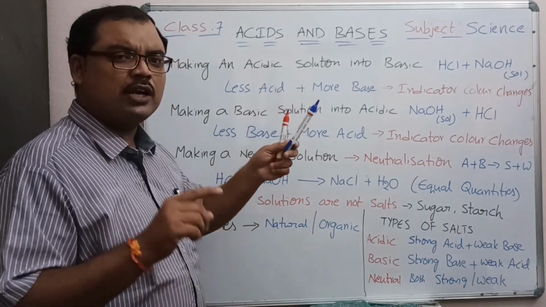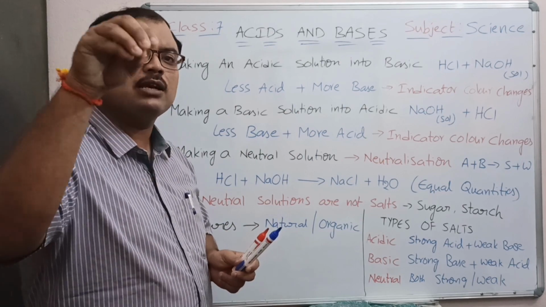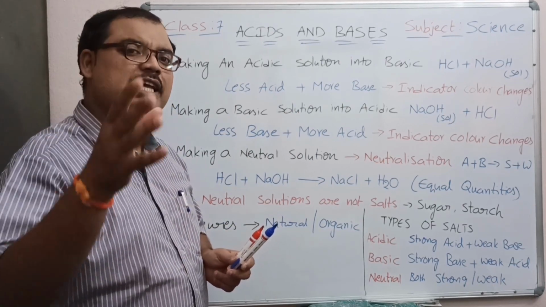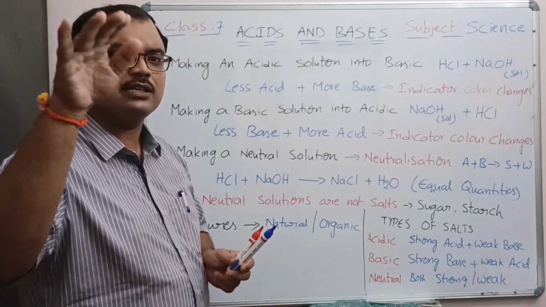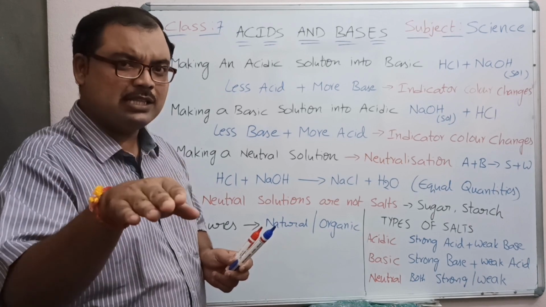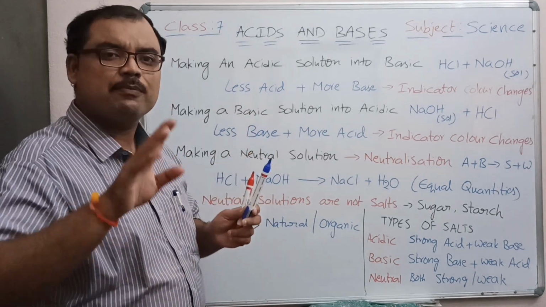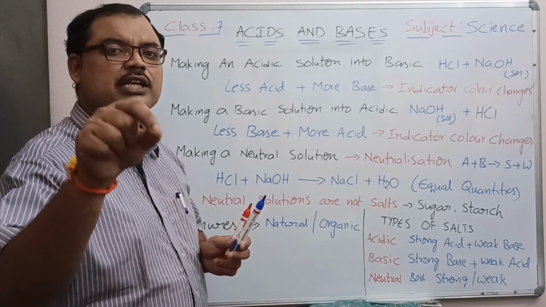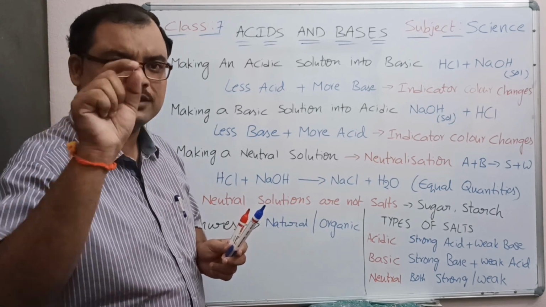Now when you go on adding even more quantity of sodium hydroxide, that means when sodium hydroxide quantity exceeds hydrochloric acid quantity, the pinkness becomes more and more. That means the acidic solution became now basic solution due to more quantity of base addition.